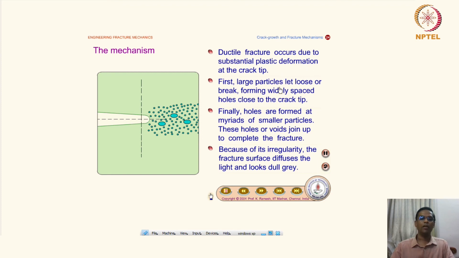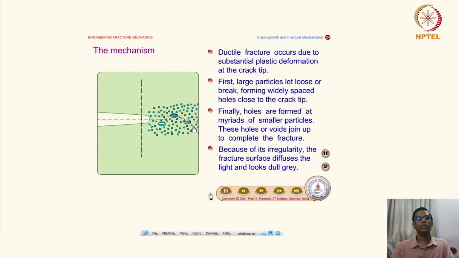First, the large particles let loose and break, forming widely spaced holes close to the crack tip. So this is what is shown here. And finally, holes are formed at the myriads of small particles. These holes and voids join up to complete the fracture, like what is shown here in the schematic.